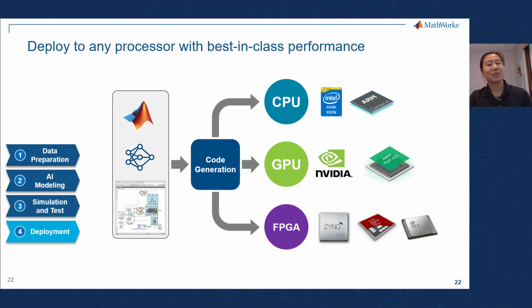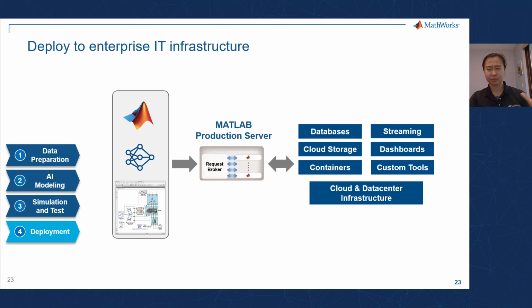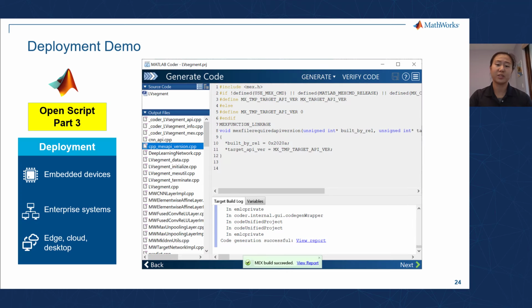And so looking at pulling it onto a CPU, GPU, or even an FPGA, we do have automated code generation tools that allow you to automatically generate that source code. All right. And then also the idea of deploying it onto an enterprise system, enterprise server.